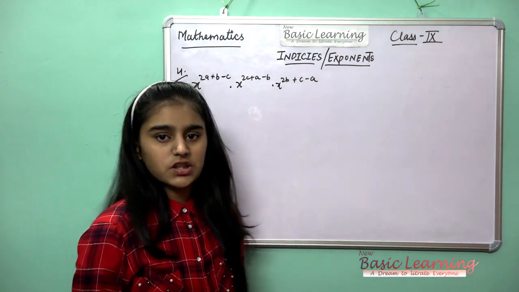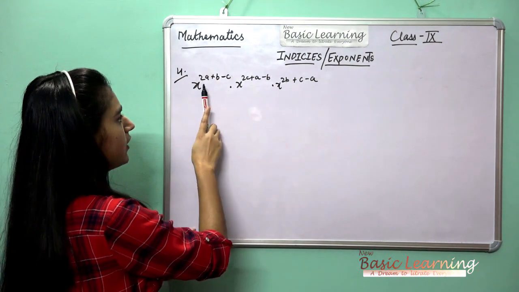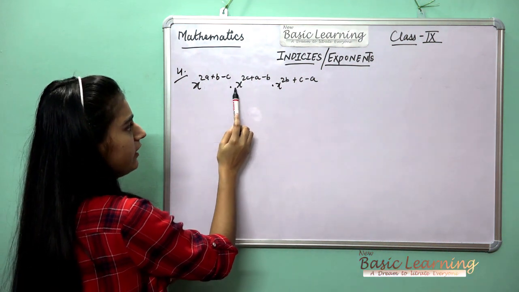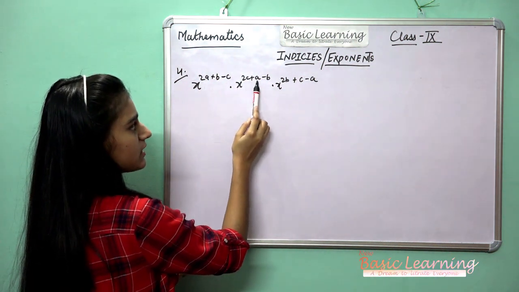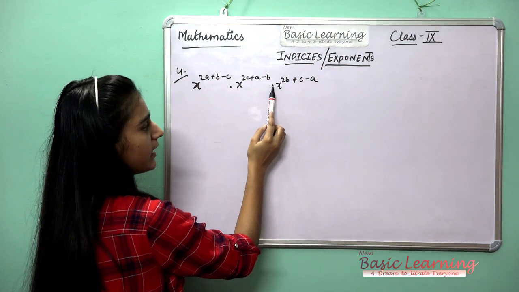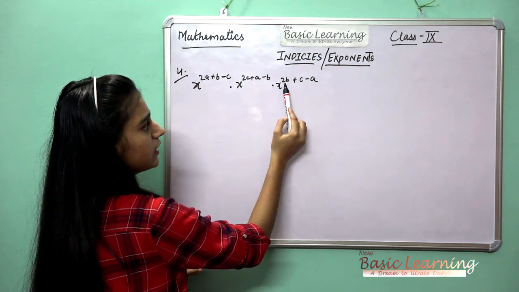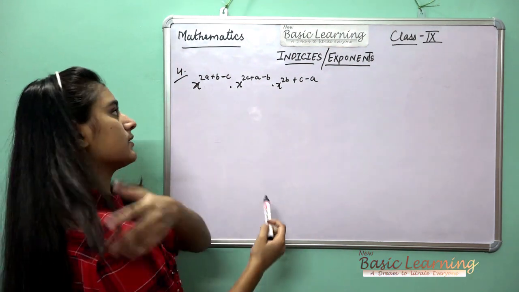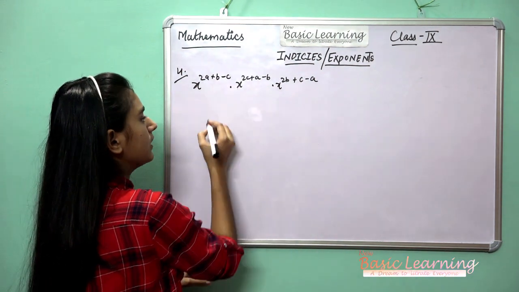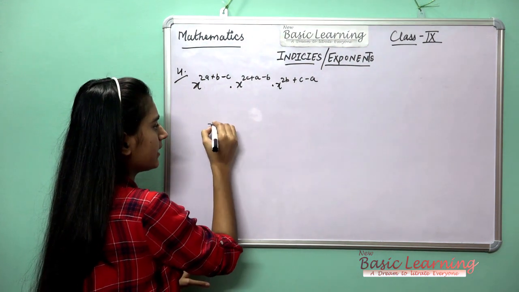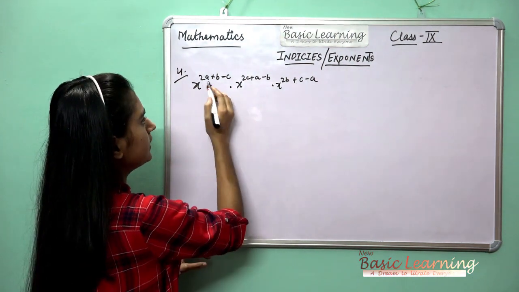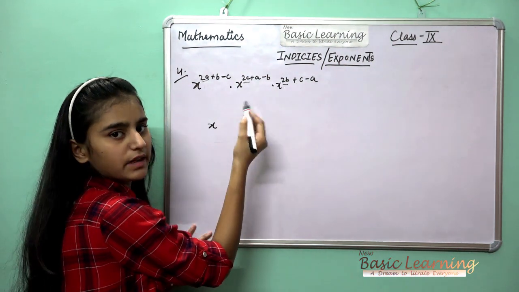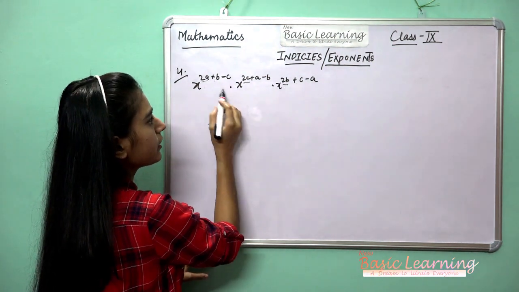Now the fourth question is x to the power 2a plus b minus c multiplied by x to the power 2c plus a minus b, and into x to the power 2b plus c minus a. Here you can see that the base is the same, that is x only, and 2a, 2c and 2b are not the same.